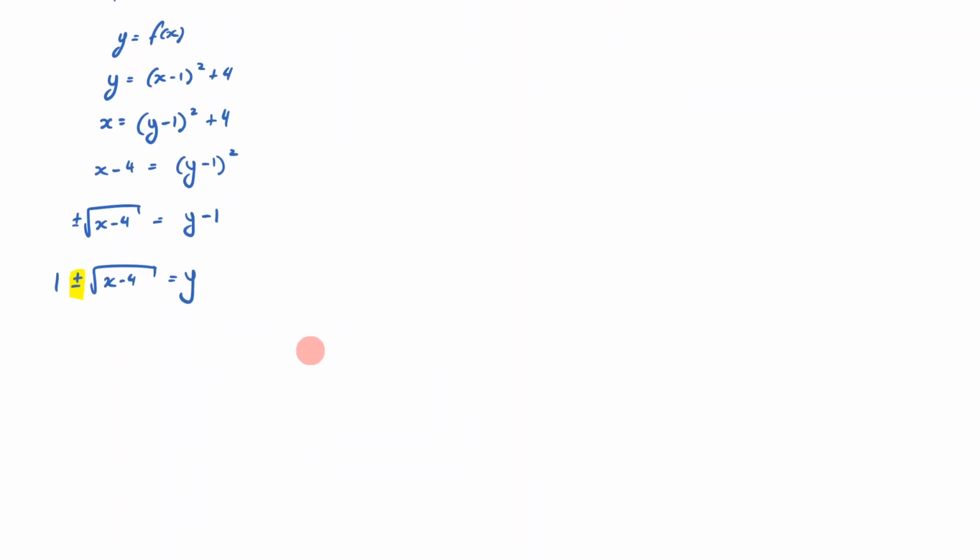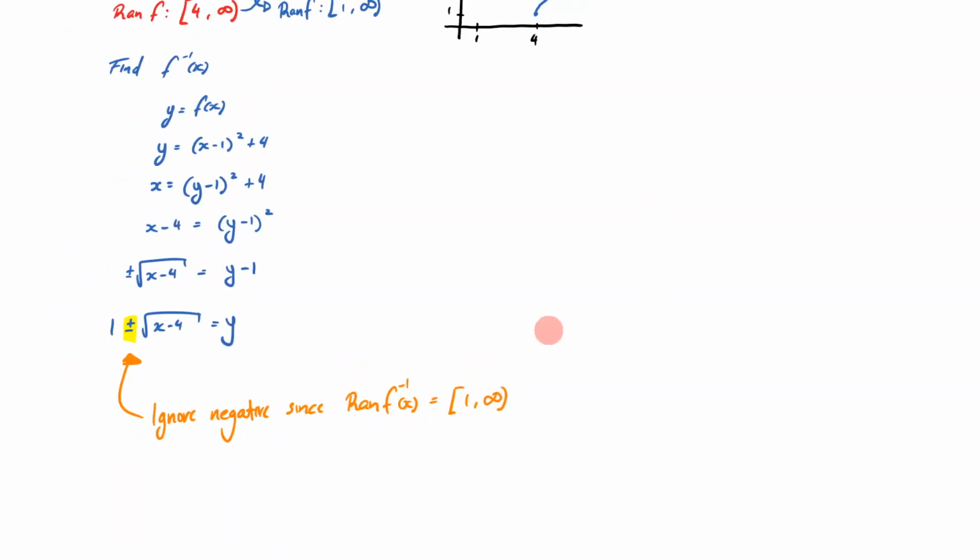I'm going to say ignore negative, since the range of the inverse is equal to 1 to infinity. And that's telling me that I can reject the negative part of it.